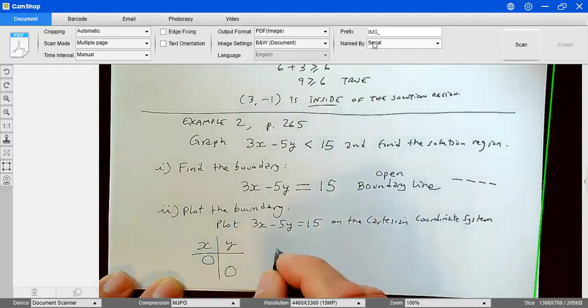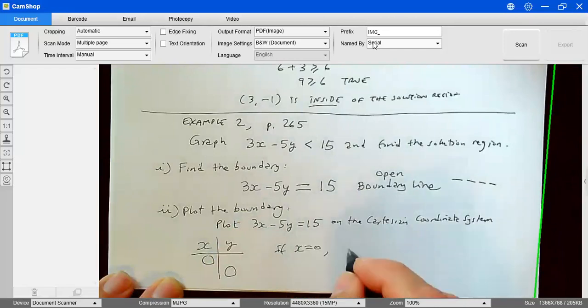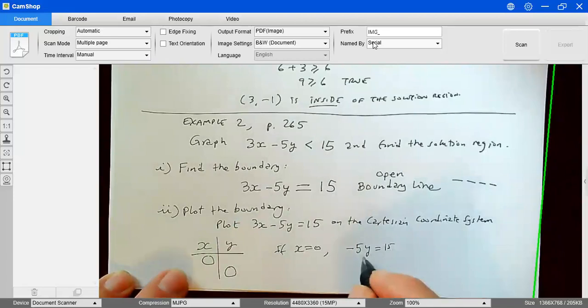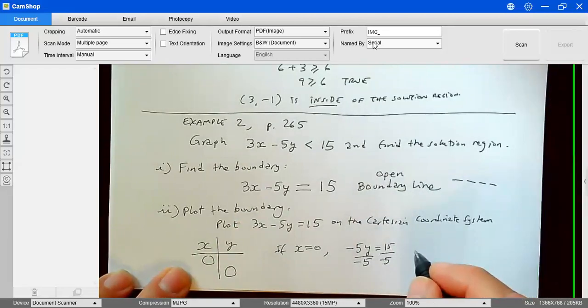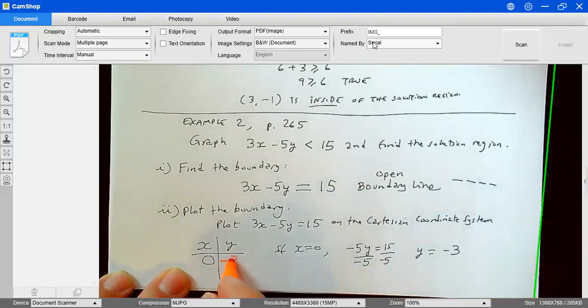So if x equals 0, negative 5y equals 15. You divide by negative 5 on both sides of this equation, and you're going to find y equals negative 3. So that's what we're going to write here, negative 3.